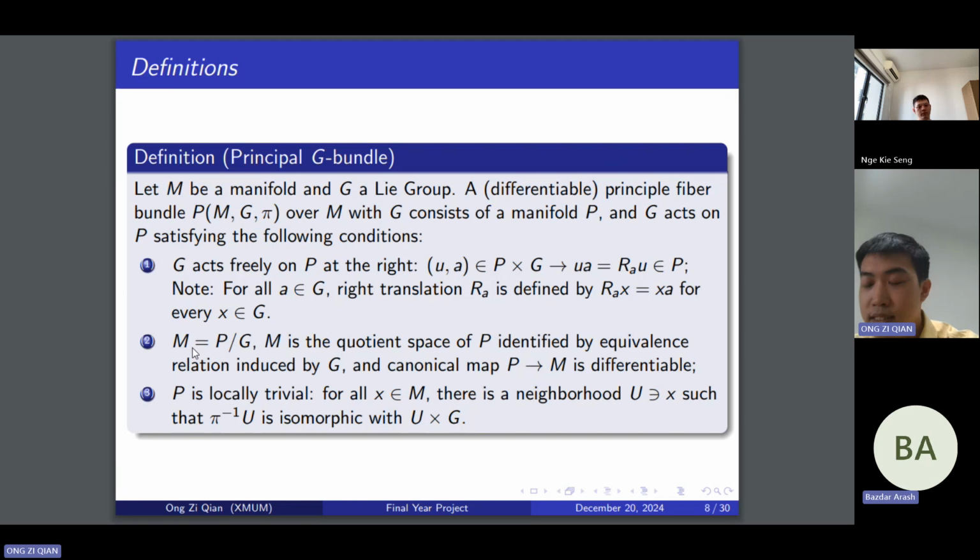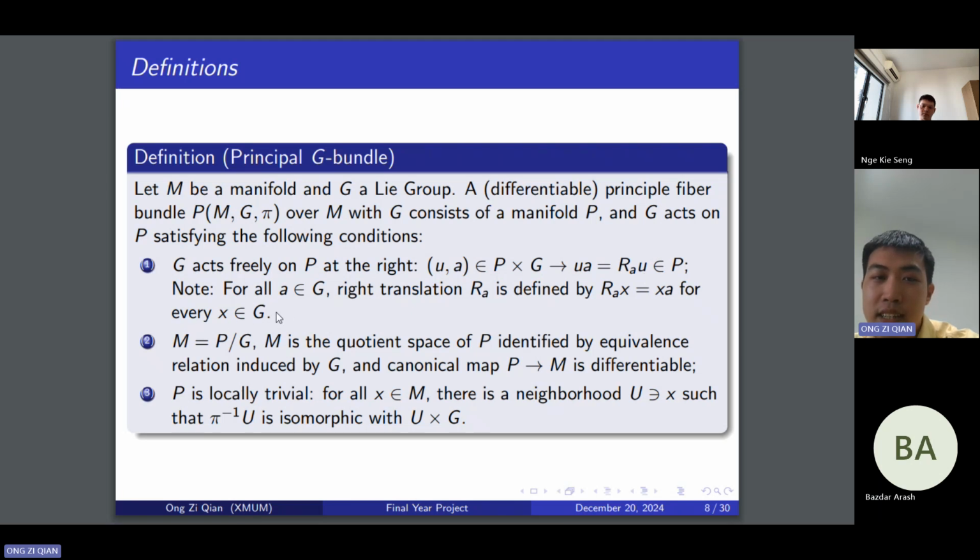Here I write UA equals R_A U. So I need to explain what this R_A is.